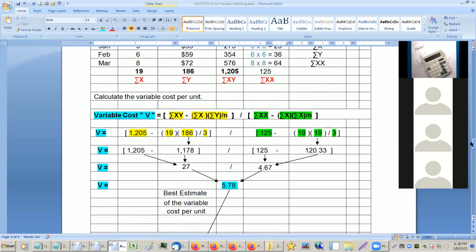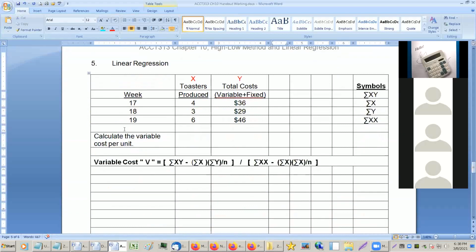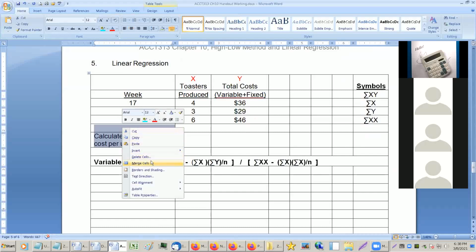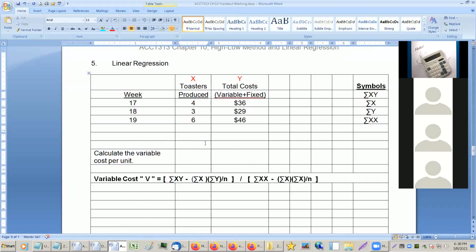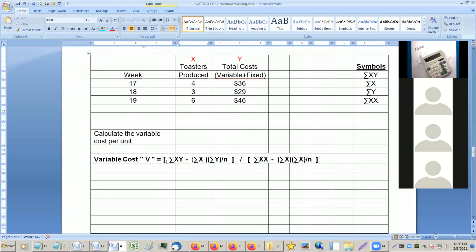So once we get that, I need more space here. What knucklehead made this thing? Okay, so what we're going to do is go through each of these little parts of the equation and figure them out.